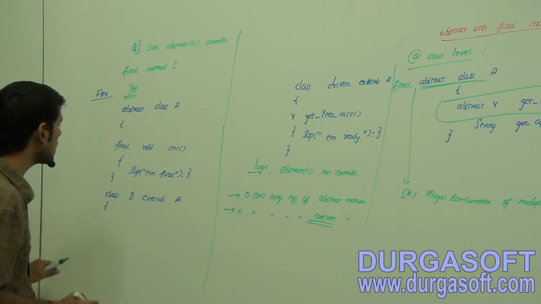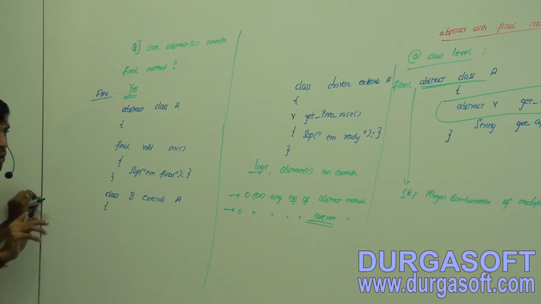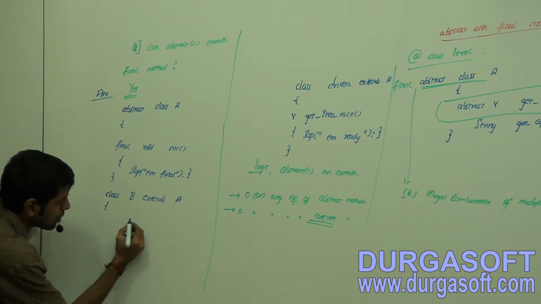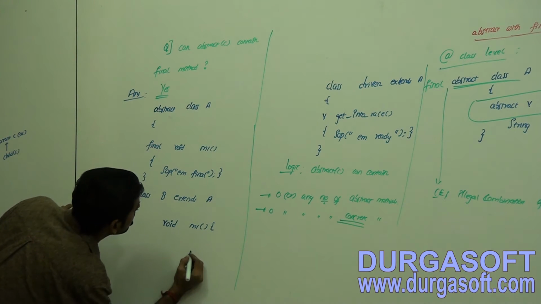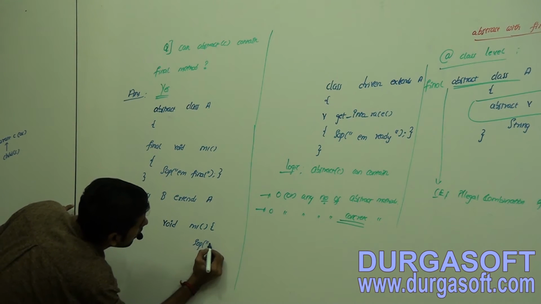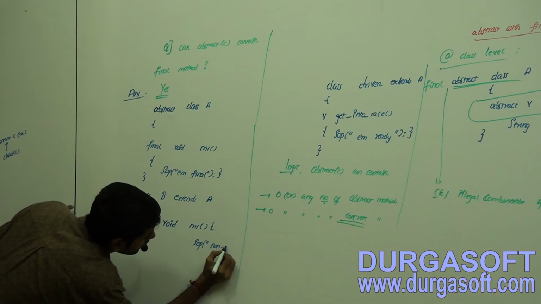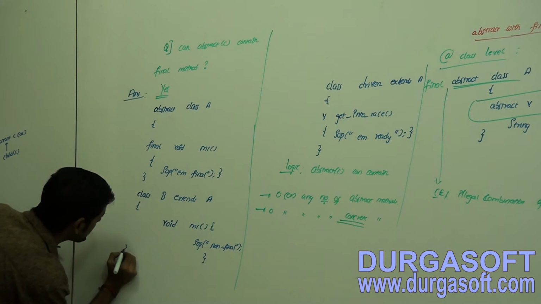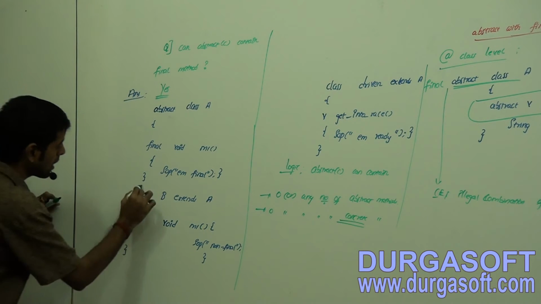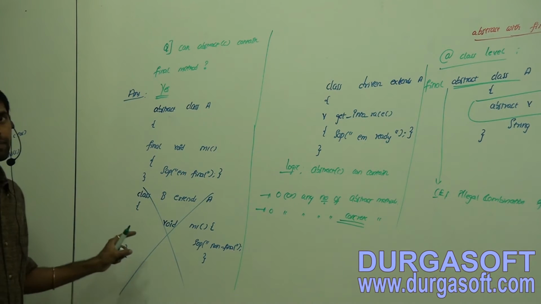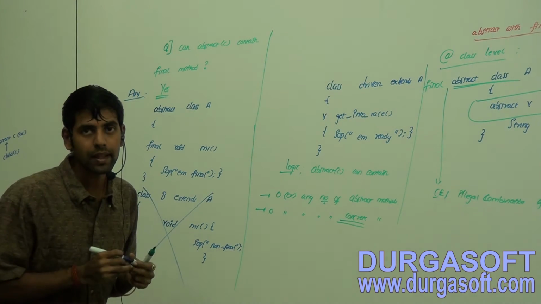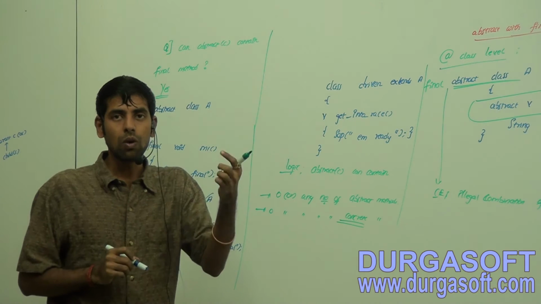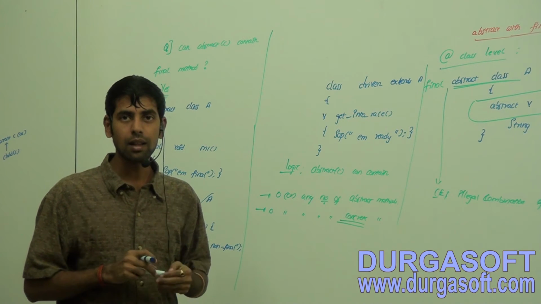Now observe here. Now my friend, without knowing what he is doing, writes void m1 method. What is this? Non-final. Now if he writes this class declaration, he will get a compile time error. What is that method? Within the abstract class, it is the final method. Can you override that particular final method?